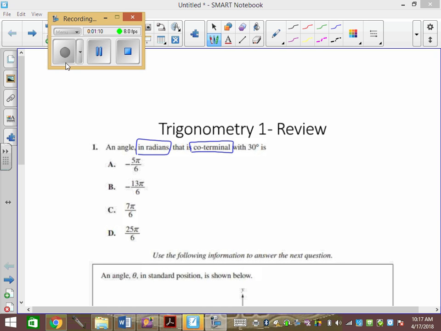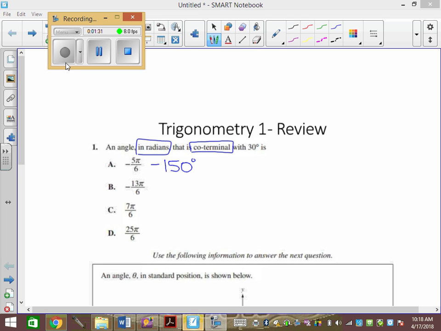So we can convert it if we want. So negative 5 pi over 6 is negative what? In degrees. Yep. Negative 13 pi over 6.